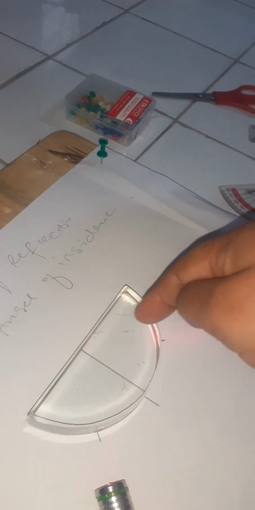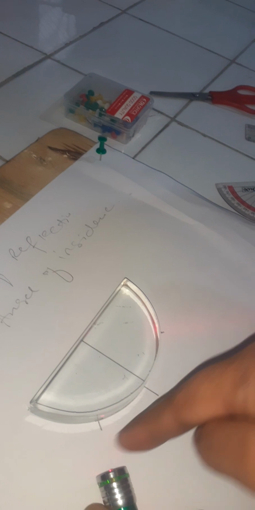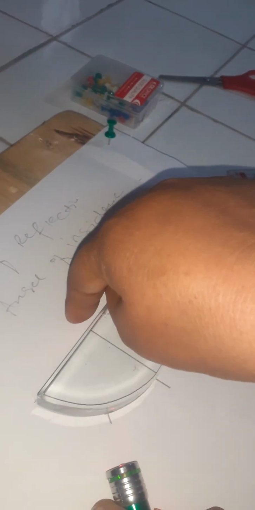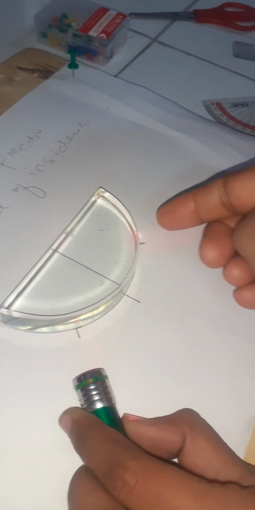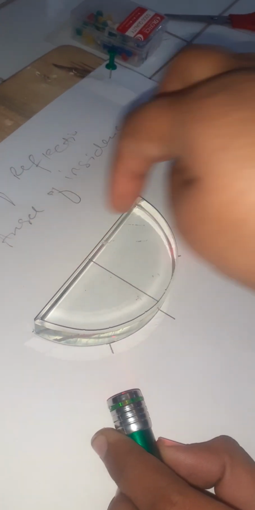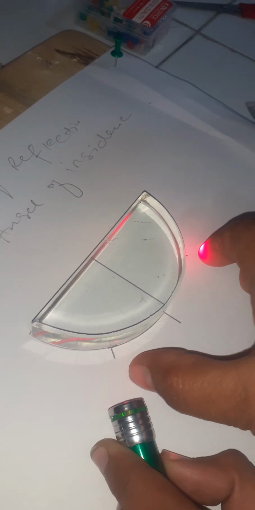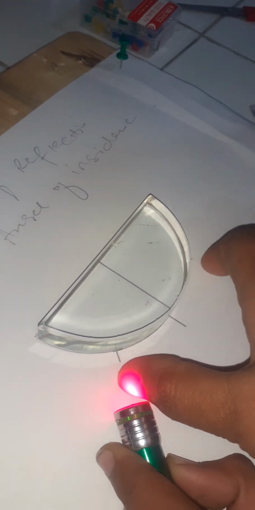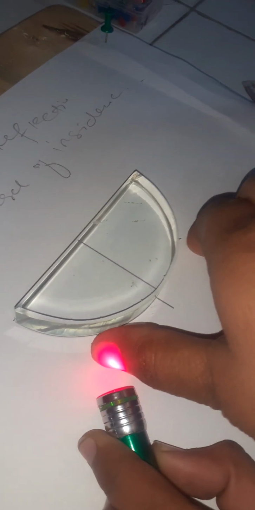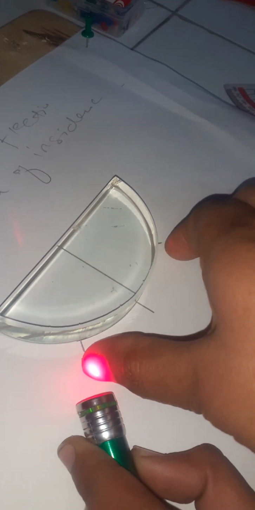Make sure all of these points have a specific angle, which after measurement will show you the same value. If you have got the same value of angle of incidence and angle of reflection after striking the perpendicular, then you have got the accurate value of angle of incidence and angle of reflection.